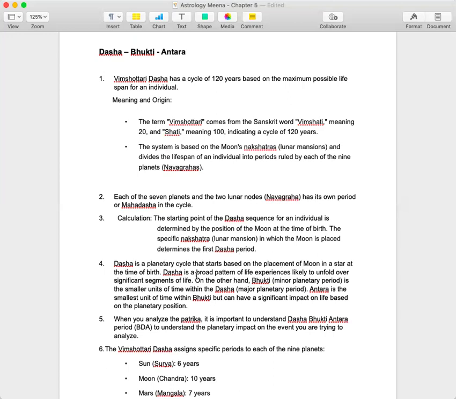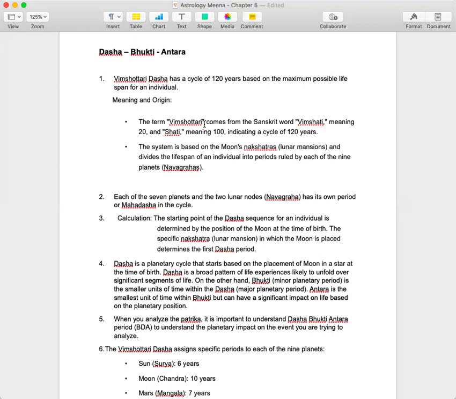Now, since the dasha is 120 years, it can be further subdivided into smaller sections, which we call bhukti. Each bhukti is a period of the same Navagrahas. Let's say the lunar dasha is going on.